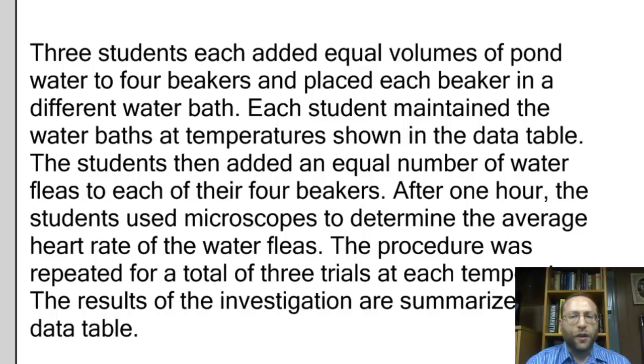By the way, water fleas are sort of like microscopic shrimp. After 1 hour, the students used microscopes to determine the average heart rate of the water fleas. The procedure was repeated for a total of 3 trials at each temperature.